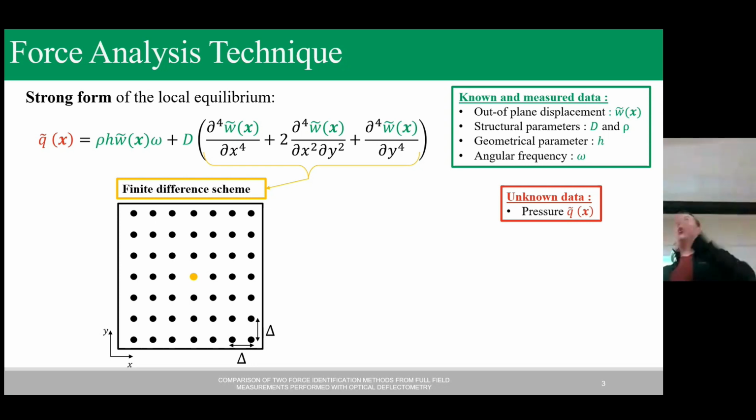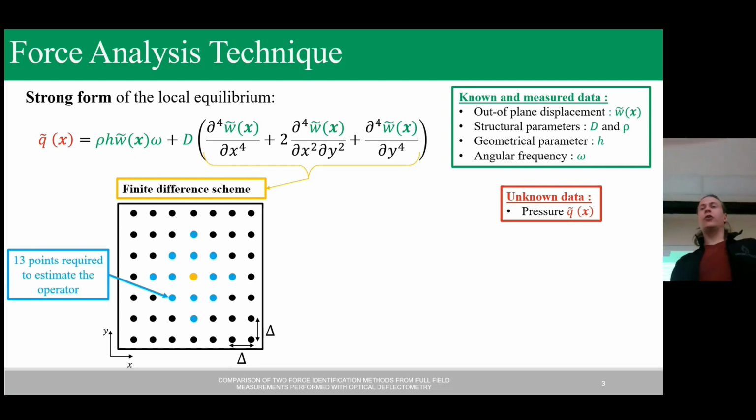You know the data at all the black points, and you want to estimate the pressure applied on the plate at the yellow point, which is here in the center of the plate. What we do is that we discretize this operator and use the 13 points surrounding our yellow point in order to estimate the fourth order derivative.